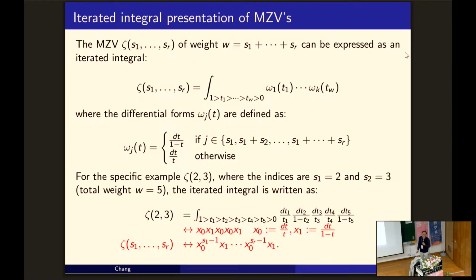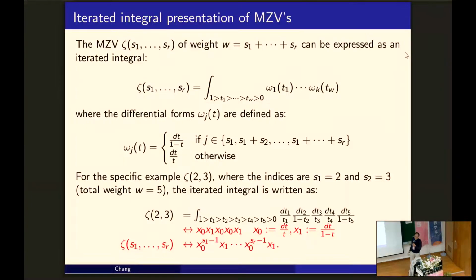Multiple zeta values have an integral presentation. In fact, they can be written as iterated integrals, and the forms are either dt over 1 minus t or dt over t. The simplest example is zeta(2,3), which can be written in this way.